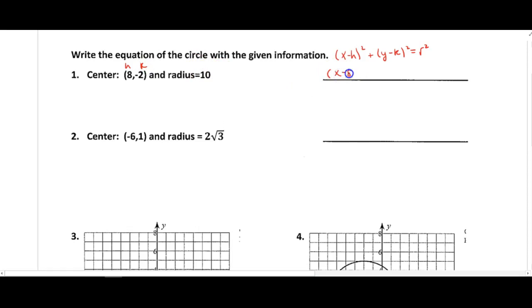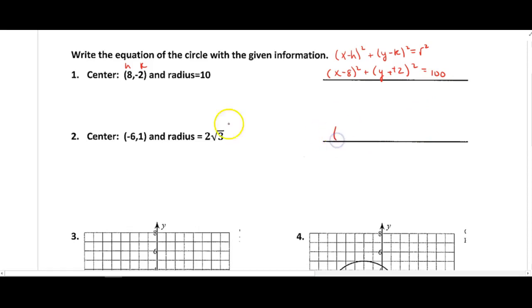So it's (x minus 8) all squared plus (y minus -2) all squared. But as soon as I see subtract the negative, I'm going to change that to plus positive, equals the radius squared, and 10 squared is 100. And that is our equation.